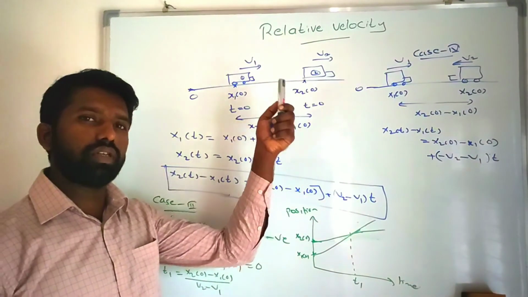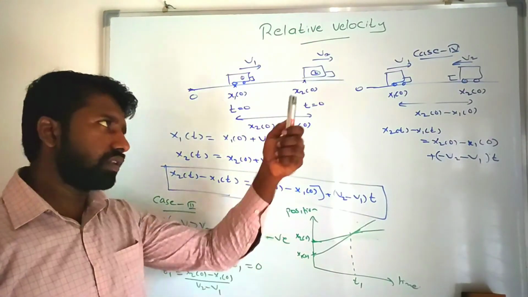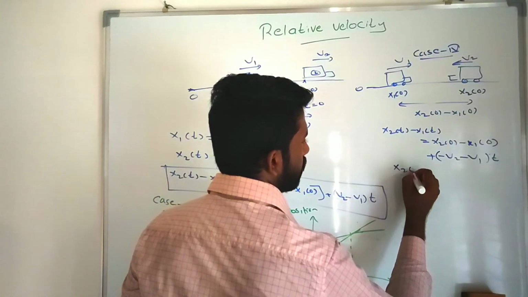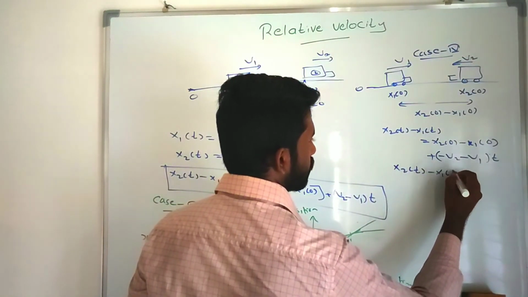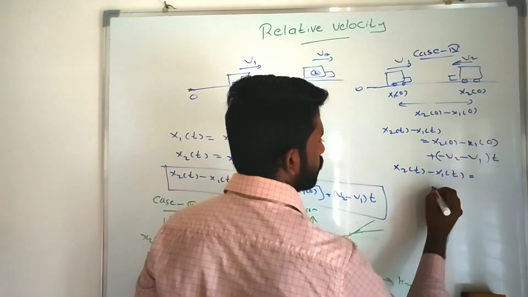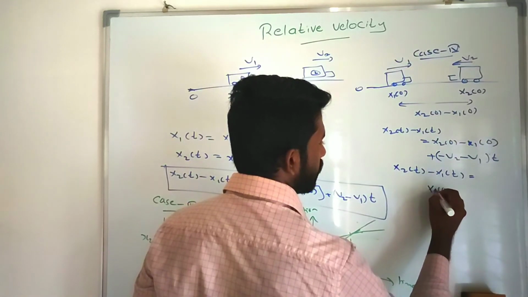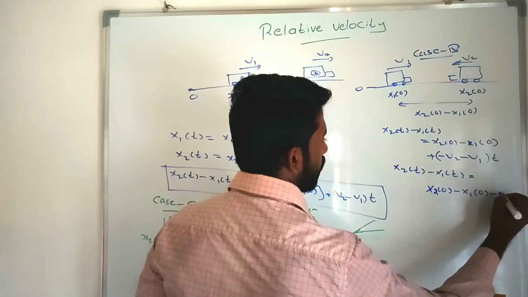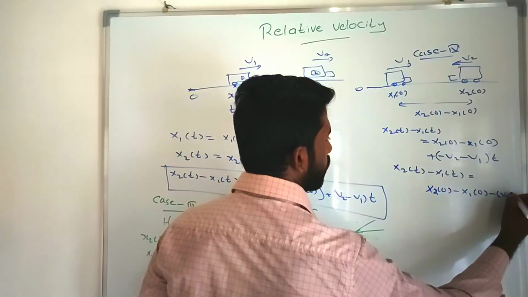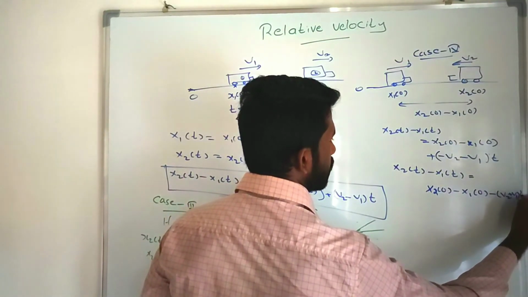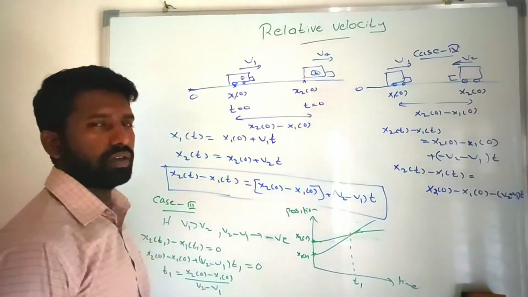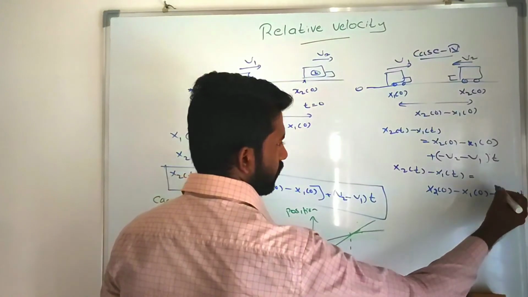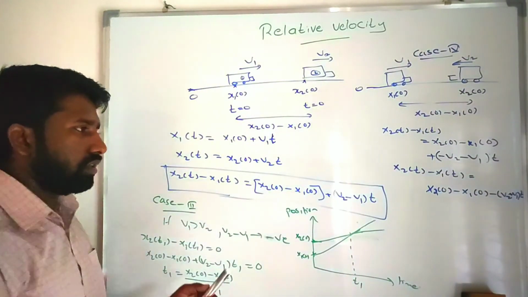Because v2, the second body, is moving in the opposite direction of the first body. So I can write it like this: x2 of t minus x1 of t is equal to x2 of 0 minus x1 of 0 minus v2 plus v1 into t. That is what we can get from this.